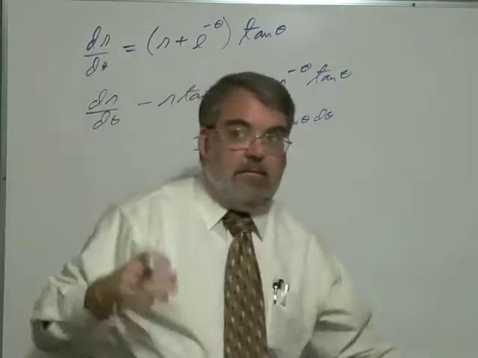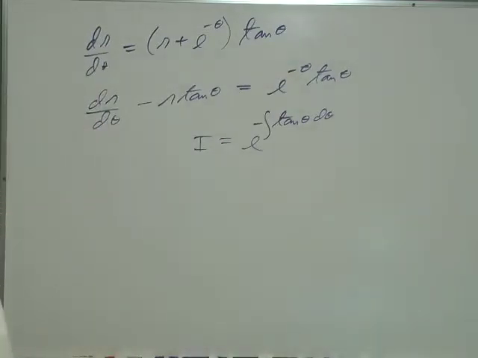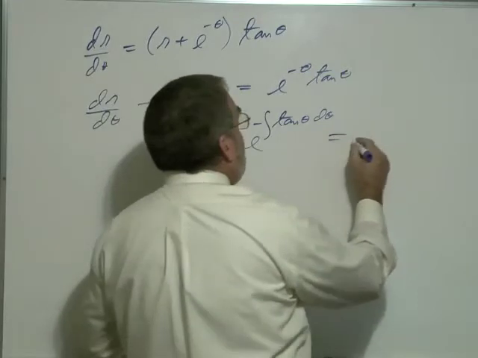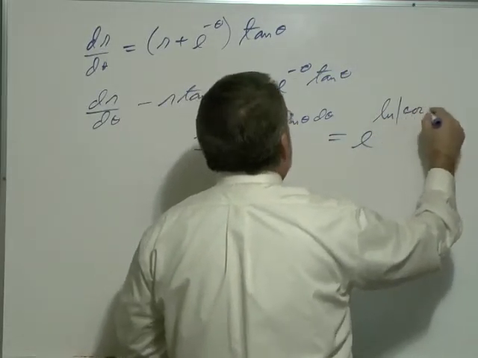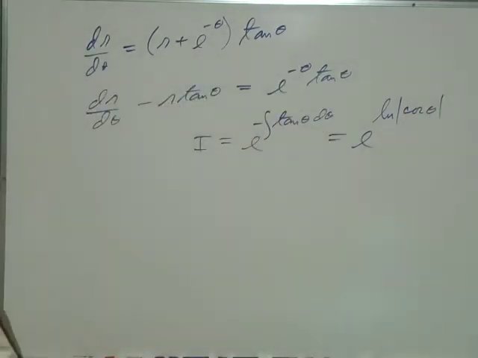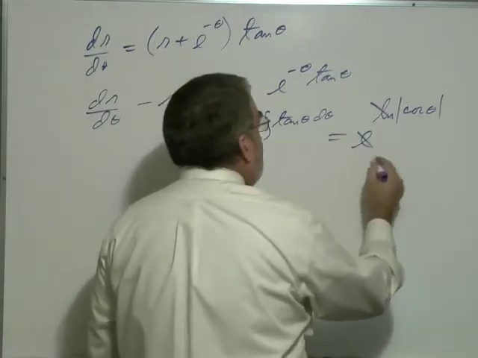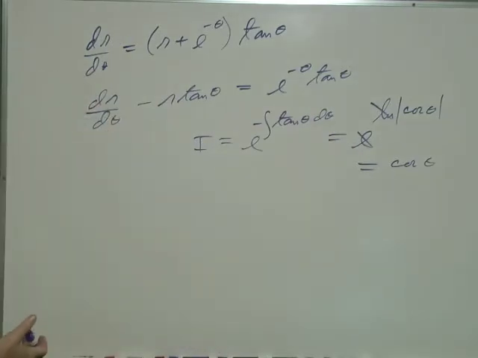So what is the integral of tangent theta? I'm looking it up just to make sure I don't screw it up. It's the negative of the natural log of the absolute value of cosine. And with this negative here, this is e to the natural log of the absolute value of cosine theta. And then the e and the natural log cancel, so it's simply cosine theta. My integrating factor then is cosine theta.